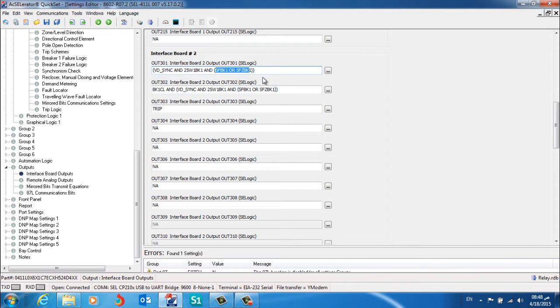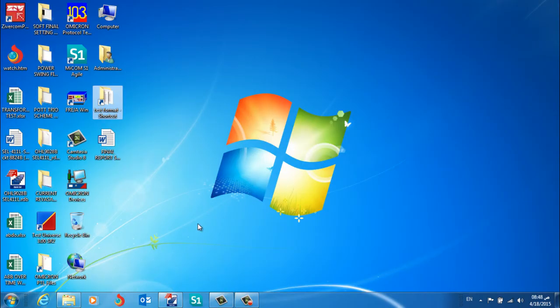So the second test is finished. The last test is frequency. Okay, we go to Freja. Now we have checked the phase angle, right? Phase angle. Okay, Freja.